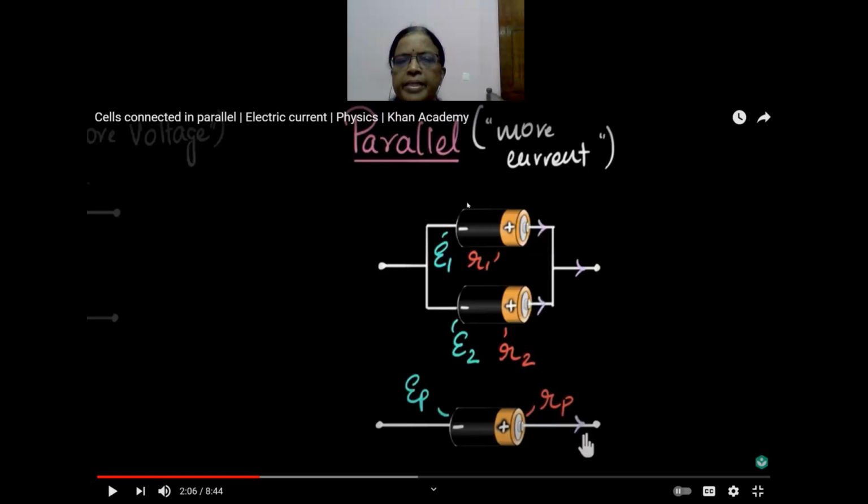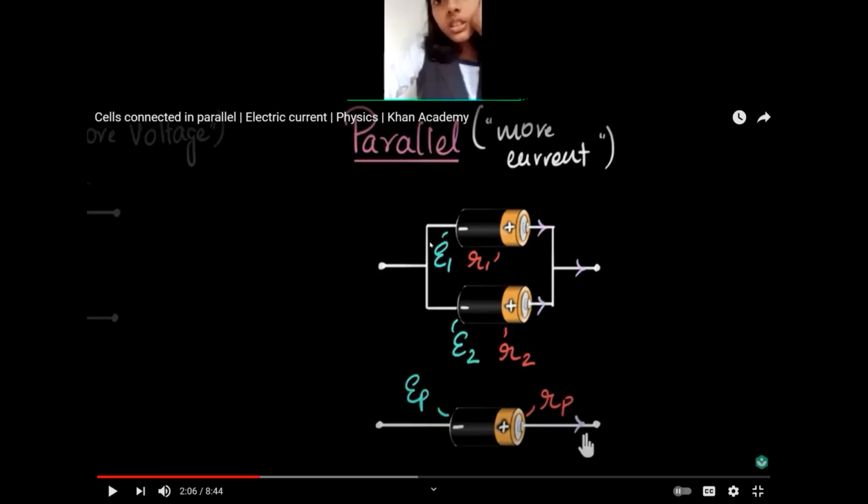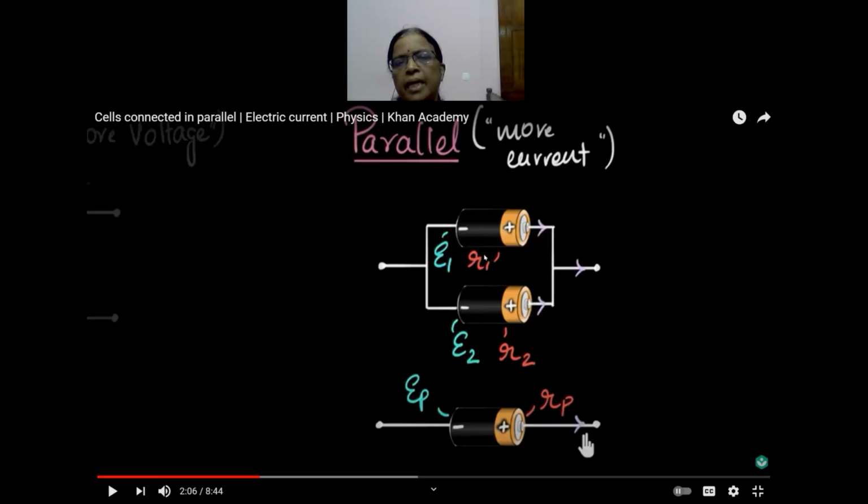Why? Its EMF is E1, its resistance is R1. So, what is the current coming from this cell? Krishna Prabha, what is the current coming from this upper cell? EMF E1, internal resistance R1. So, what is the current? E1 by R1, correct.